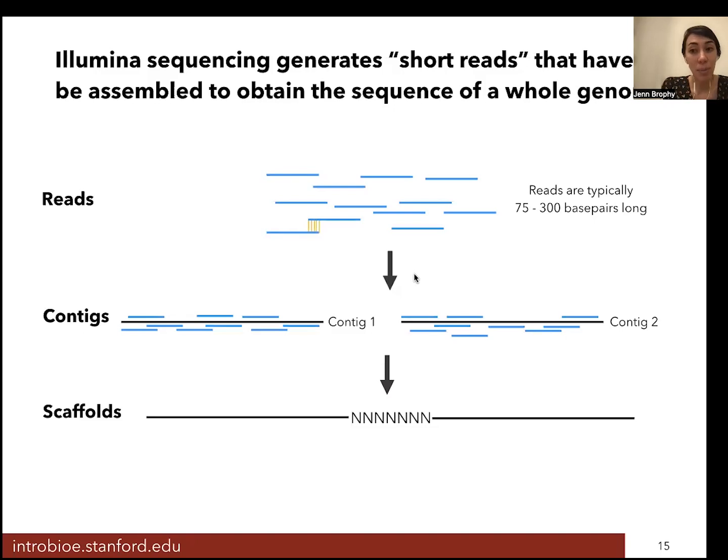Now, one of the problems with Illumina sequencing is that it generates short reads. It can only read DNA sequences that are around 75 to 300 bases long. And that's okay, except 75 to 300 bases is not a lot of bases of DNA.